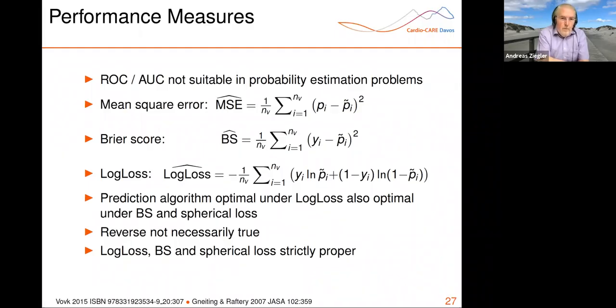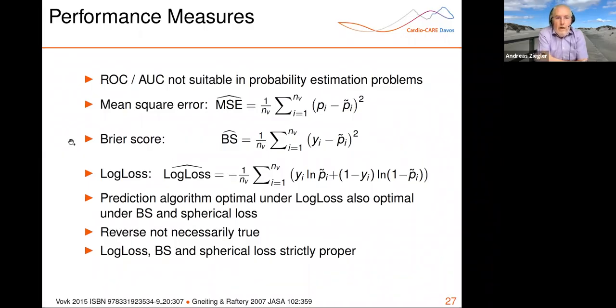So the most commonly used approach, if you have theoretical probabilities available, is the mean square error. That's quite clear. The Brier score, which goes back to a paper by Brier from the 1950s, uses the observed values rather than the true probabilities, but in fact, it's also some kind of squared error type.